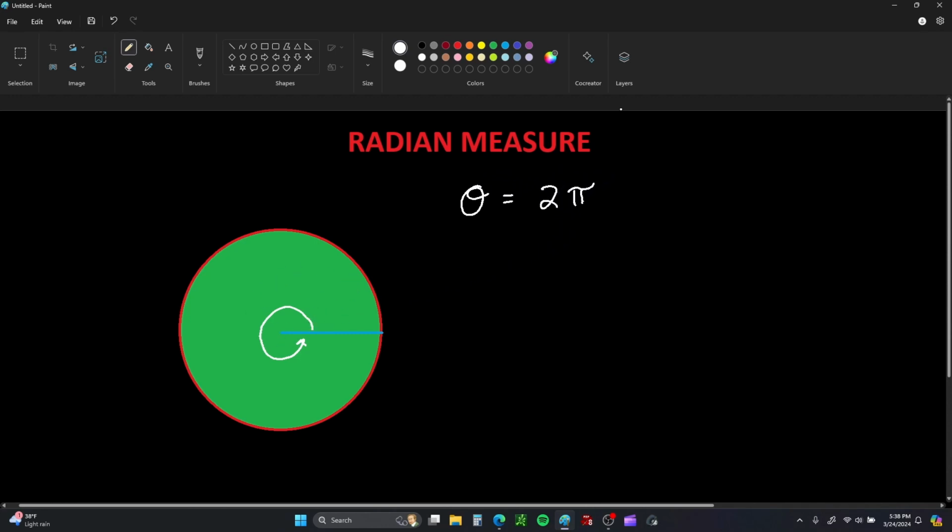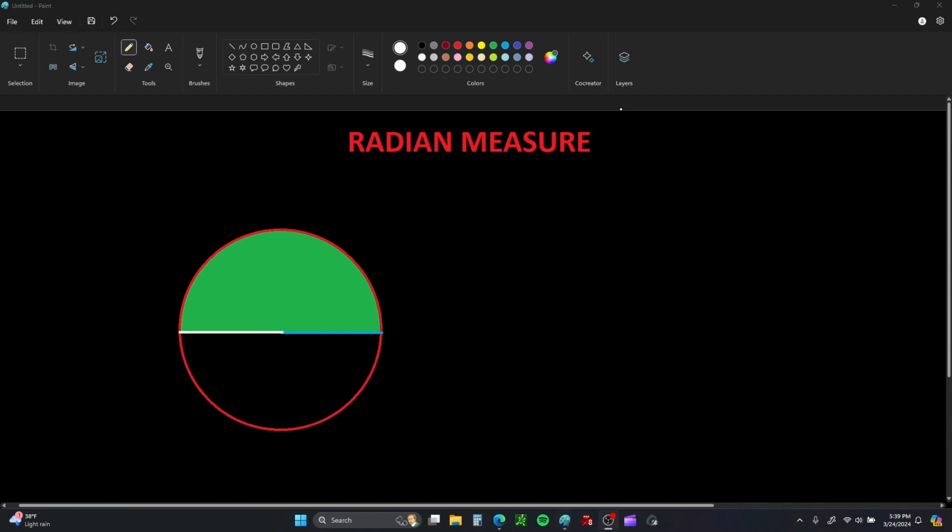And if we went halfway around, theta would be equal to pi. So 360 degrees is equal to 2 pi. 180 degrees, which is what we have here in the picture, is equal to pi.